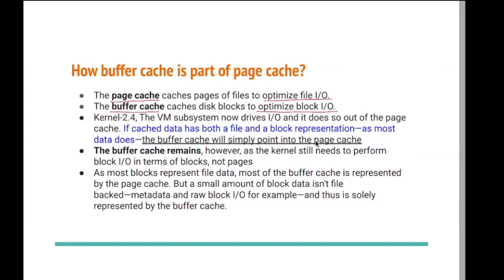Mostly, every block device has some kind of file system, so most of the time we have to represent the buffer cache as a page cache. But this statement says a small amount of block data isn't file backed. That means we have to do some raw block IO operations on that particular device, and for that reason we have to keep the buffer cache. Otherwise, we could have dropped the concept of buffer cache, as I have already described how the kernel can directly interact with the block device in the form of a block.